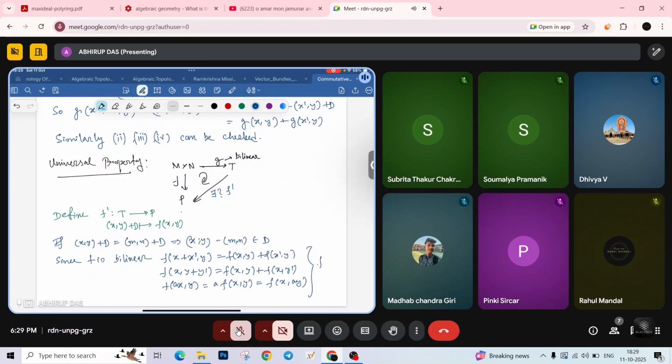So from this we can say that f sends D to zero, right, Madhav?